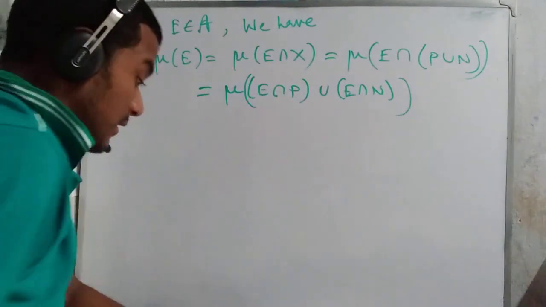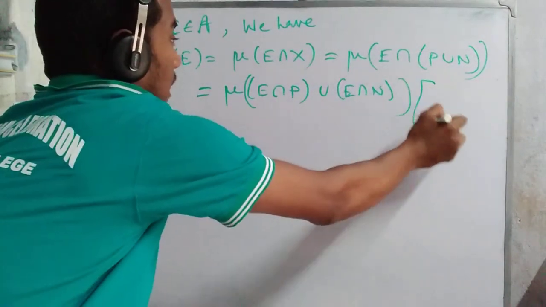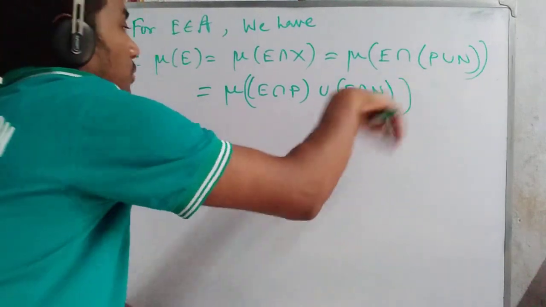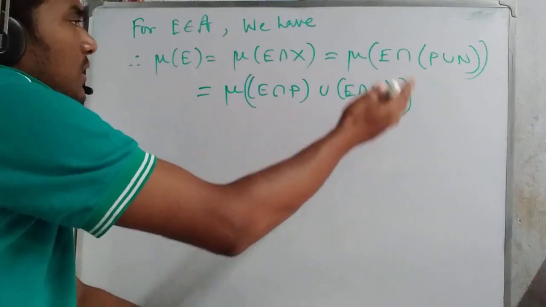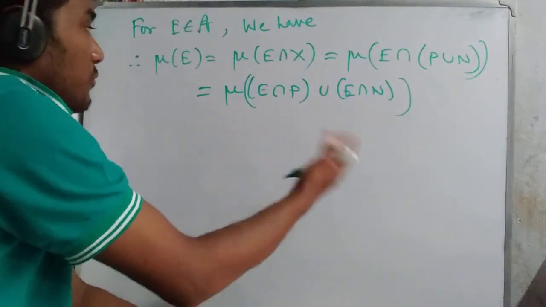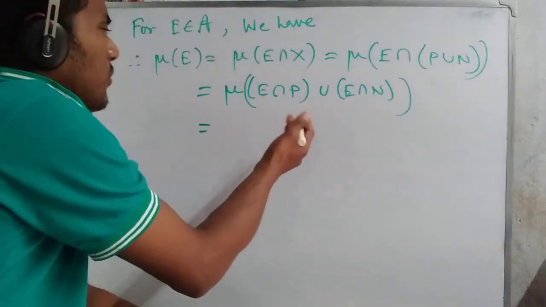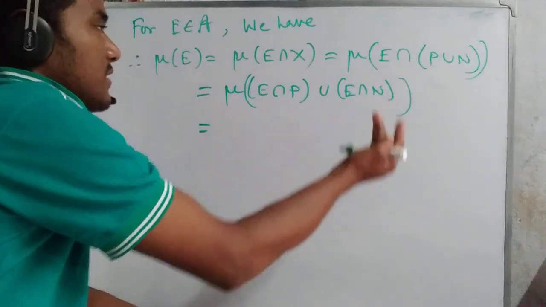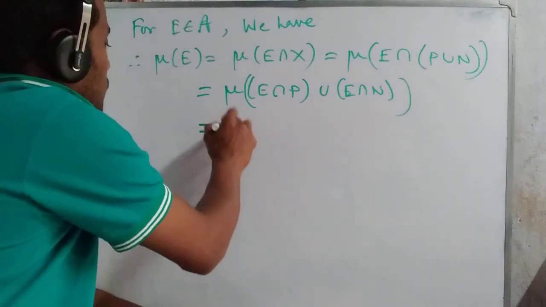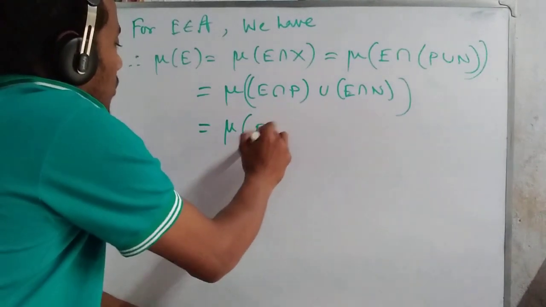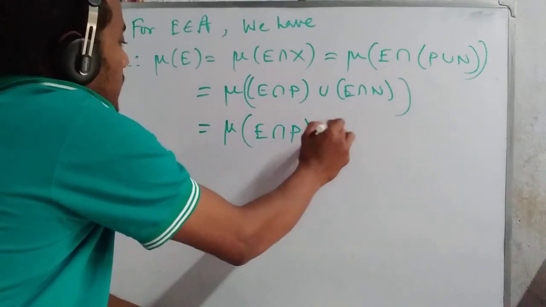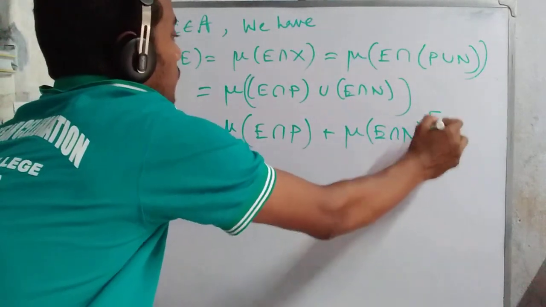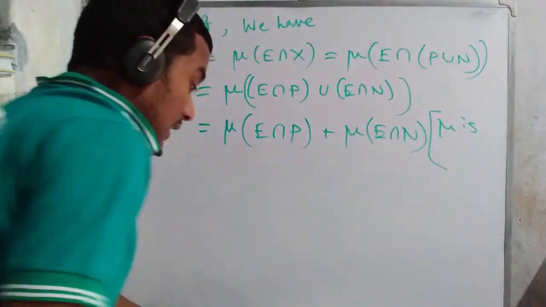Sorry, this one just uses the intersection rule: intersection distributes over unions. So here we write μ(E ∩ P) + μ(E ∩ N). Why? Because μ is finitely additive.